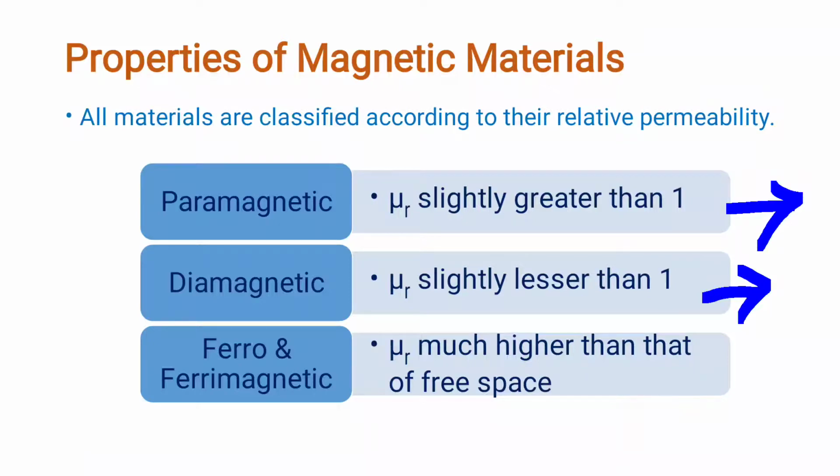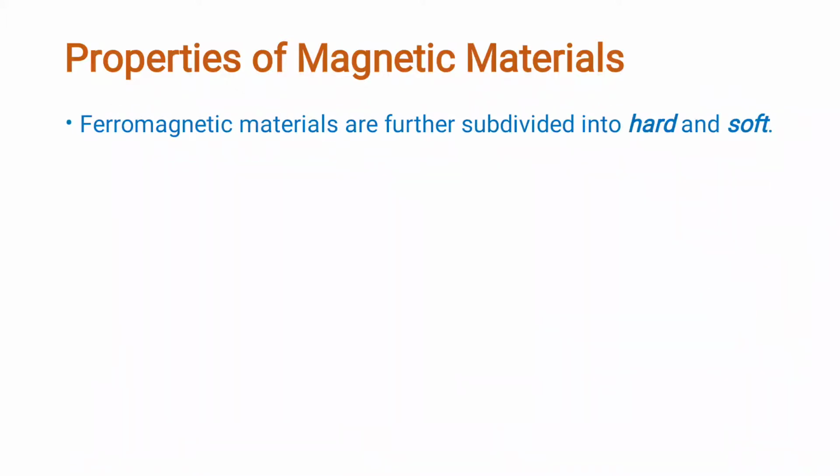Ferromagnetic material is when the permeability is much higher than that of free space. When the permeability is much higher than that of free space, then that kind of material is called ferromagnetic and ferrimagnetic materials.